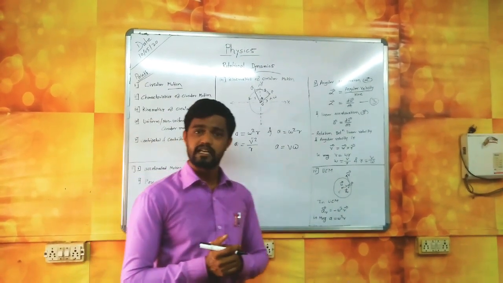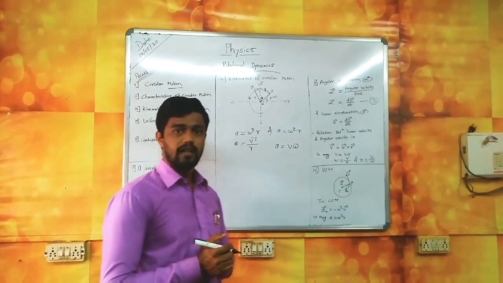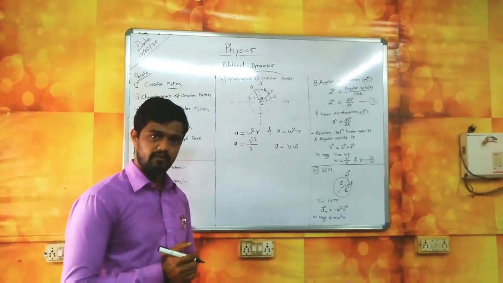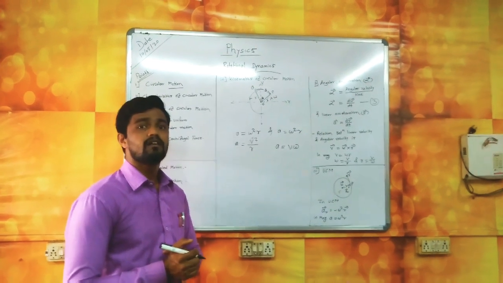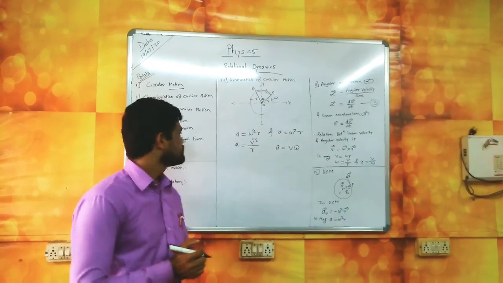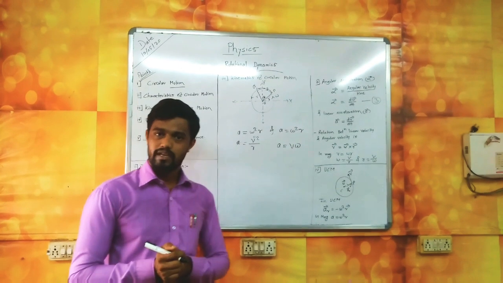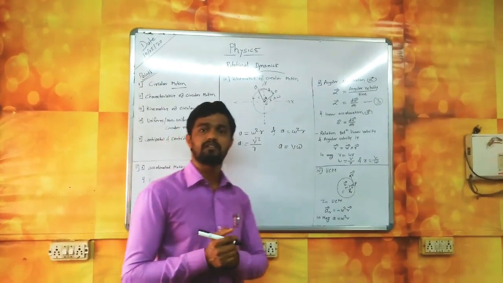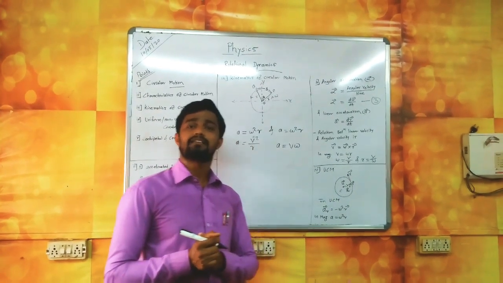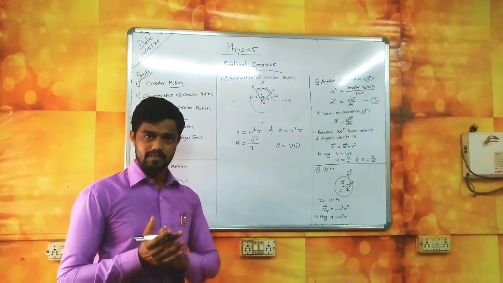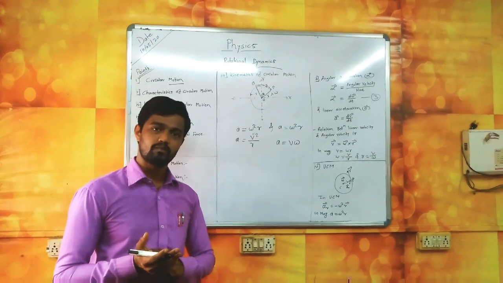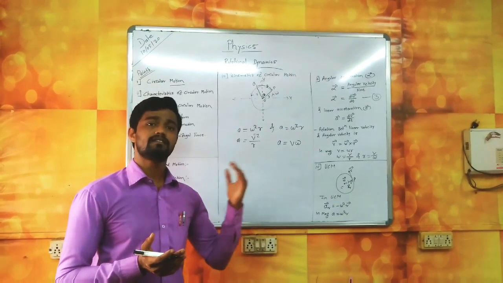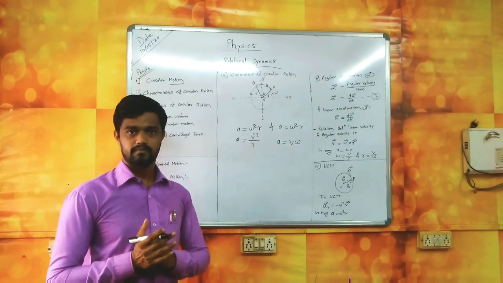Then it is called centrifugal acceleration, and it is called non-uniform circular motion. In non-uniform circular motion, the particle is directed away from the center, and in uniform circular motion, the particle is directed towards the center.